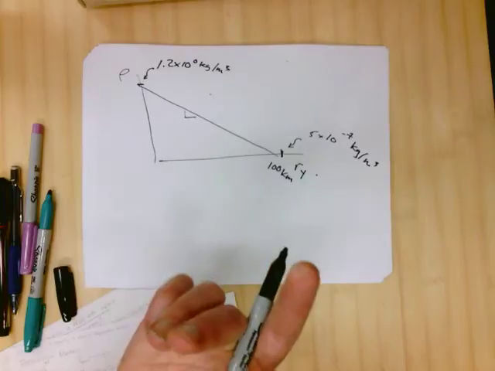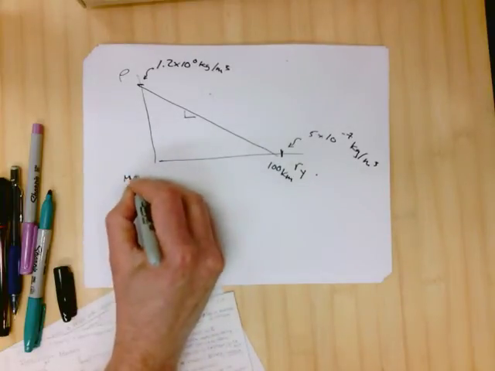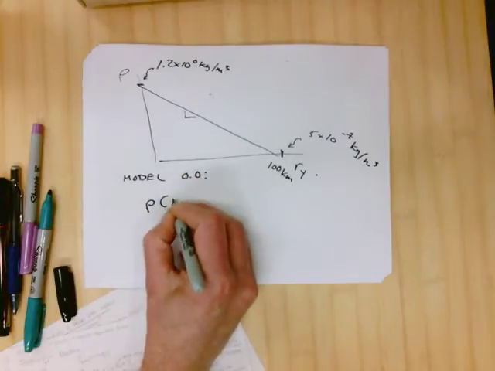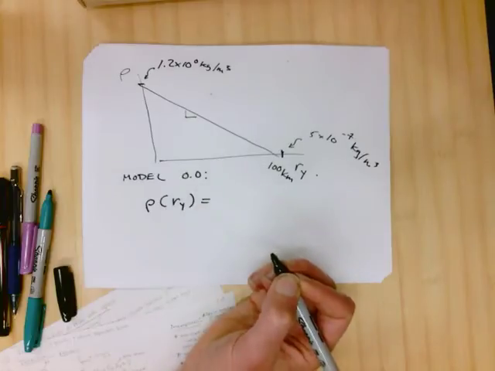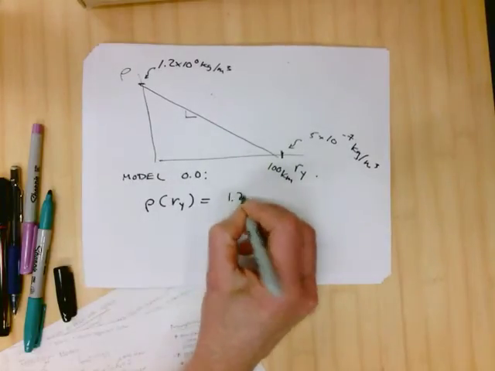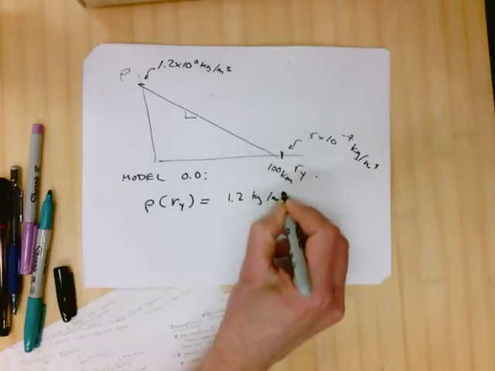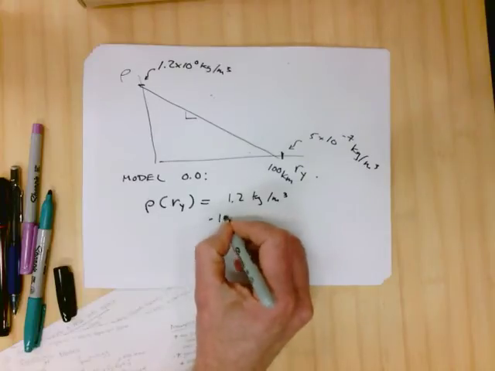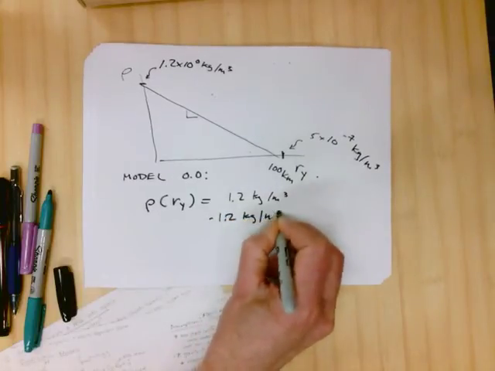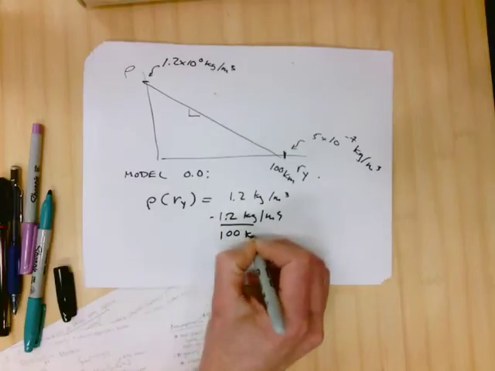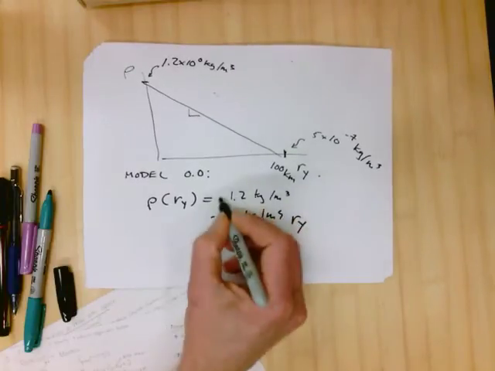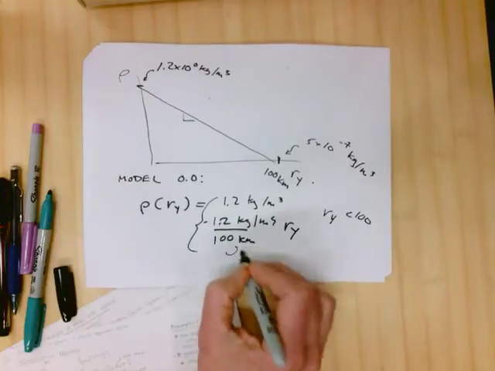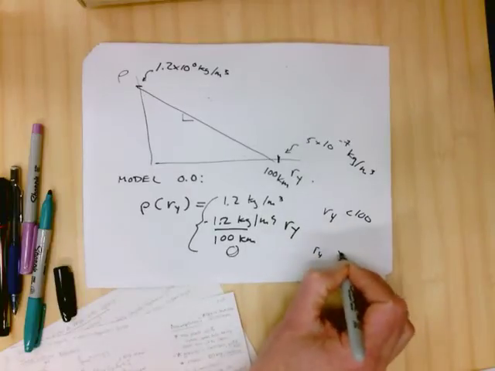So as a first cut model, my inclination might be to say, okay, for model version 0.0, rho as a function of Ry is equal to, well, the intercept is 1.2 kilograms per meter cubed, and my slope is 1.2 kilograms per meter cubed per 100 kilometers, times Ry, and it's equal to that for Ry less than 100, and it's equal to 0 for Ry greater than 100.